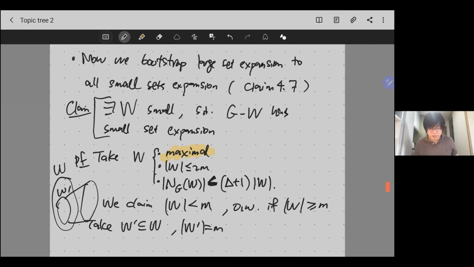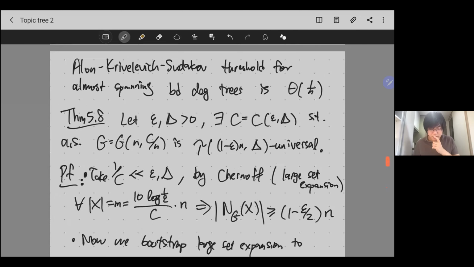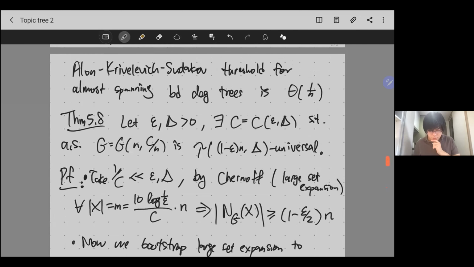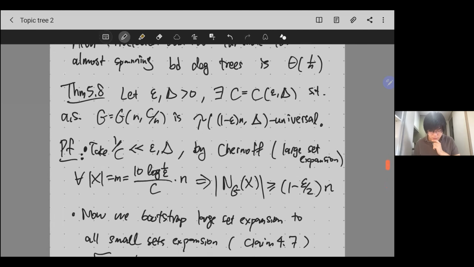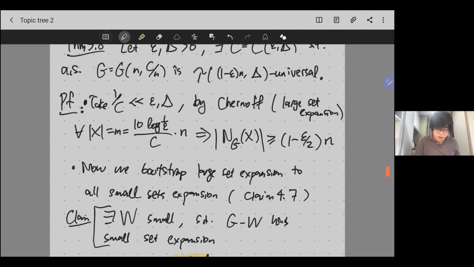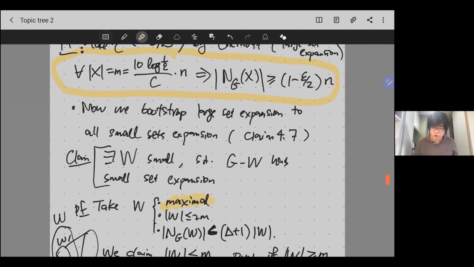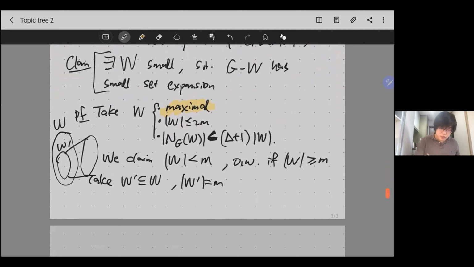What do we know about sets of size m? Our hypothesis says that, where's our hypothesis? Here, right? Our large set expansion says that if you have sets of size m, your external neighborhood is almost everything.